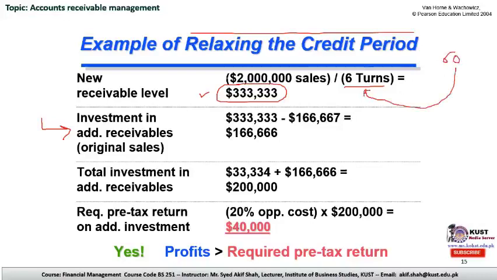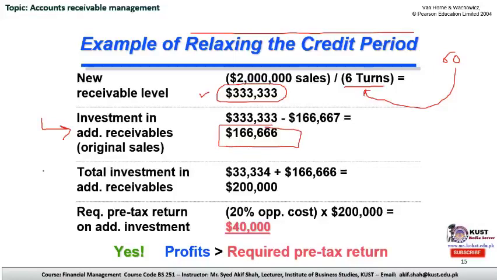Therefore we have an additional amount of funds tied up in the account receivable section. We can subtract it from the new account receivable. We will have our resultant value of $166,666 in addition to the previous account receivable.